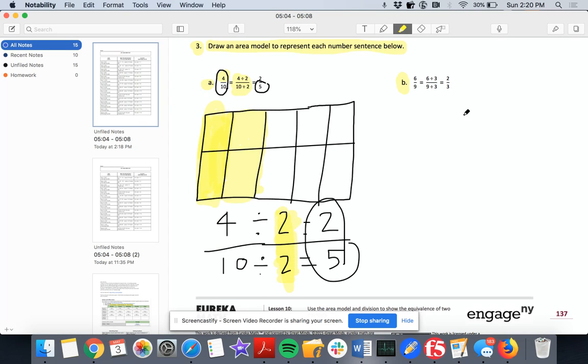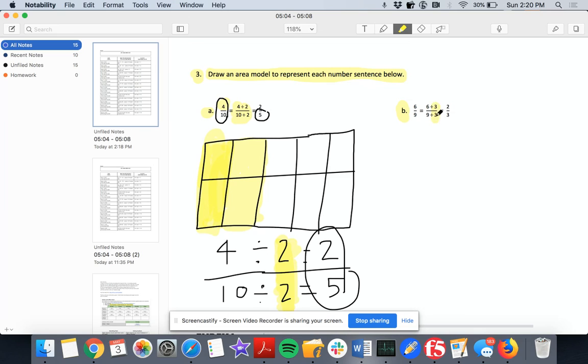So think about B then. How many horizontal pieces should there be if we're dividing by 3?